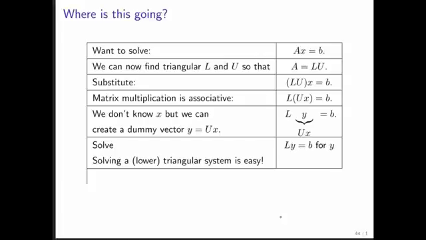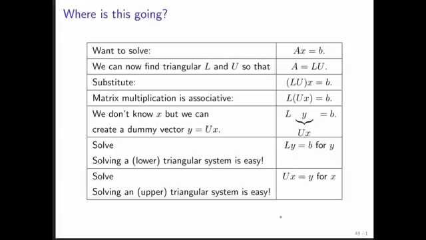But solving LY equals B for Y is a lot simpler. That's solving with a lower triangular matrix, and we already saw that solving with an upper triangular matrix was backward substitution, and that was straightforward. This is just the equivalent with a lower triangular matrix.